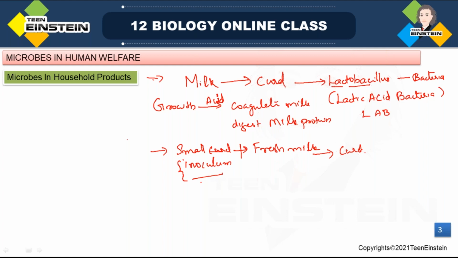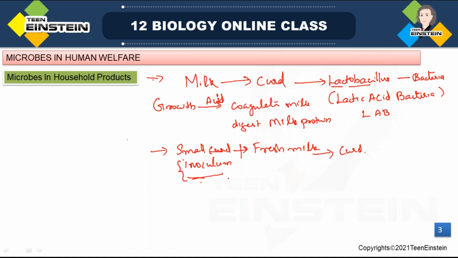Okay. So a small amount of curd is added to the fresh milk as inoculum. Don't forget this word inoculum. Whenever this inoculum, which has the bacteria, is added to the fresh milk, it will start coagulating. It will produce some kind of acid that will coagulate the milk and digest the milk protein. Then it forms the curd.